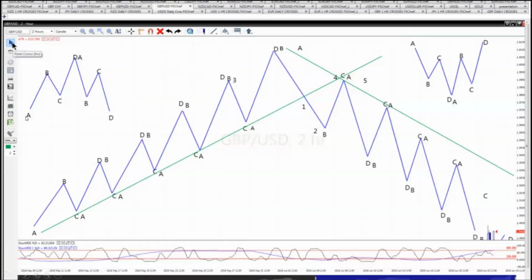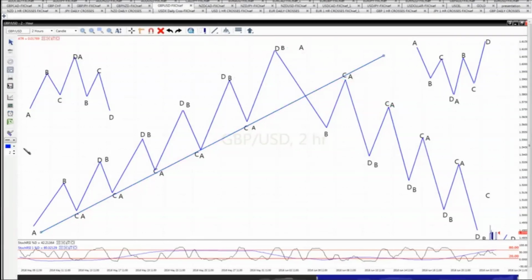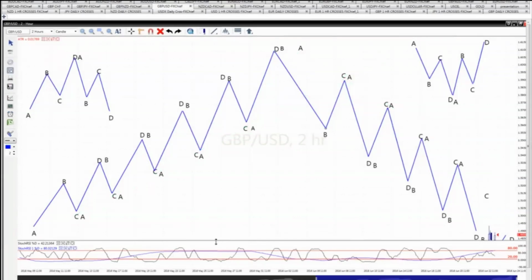Look at it. This is your A, B, C, D to the upside. And this is your A, B, C, D to the downside.